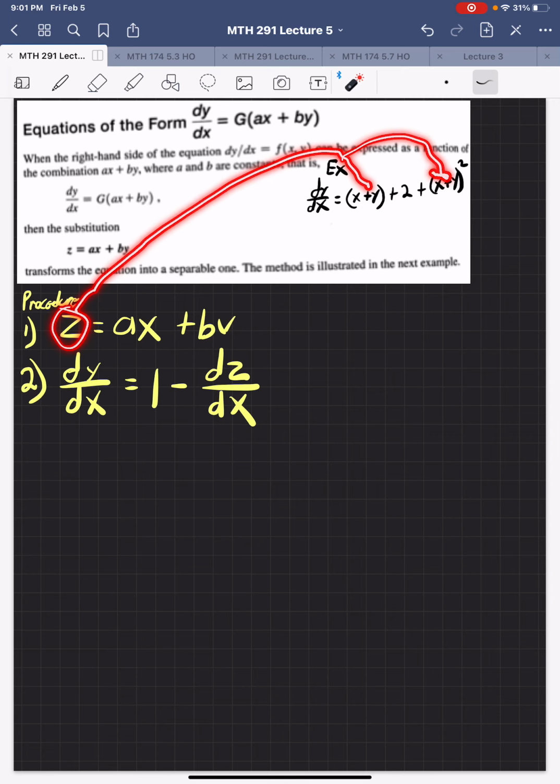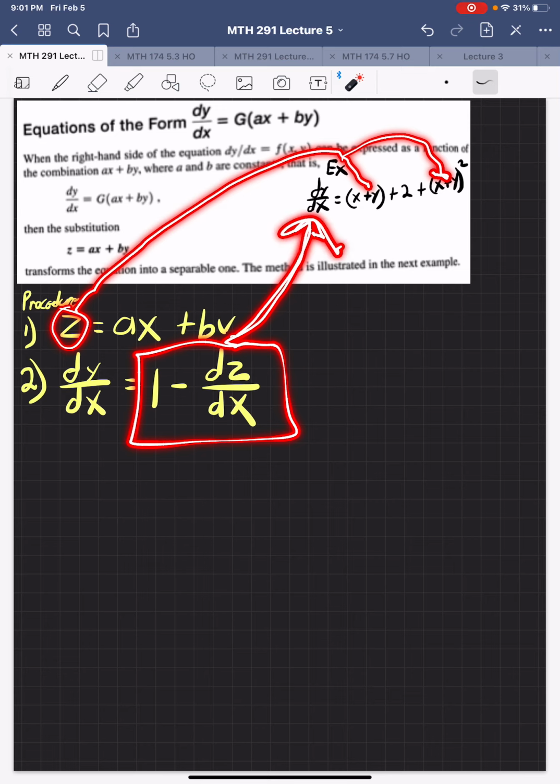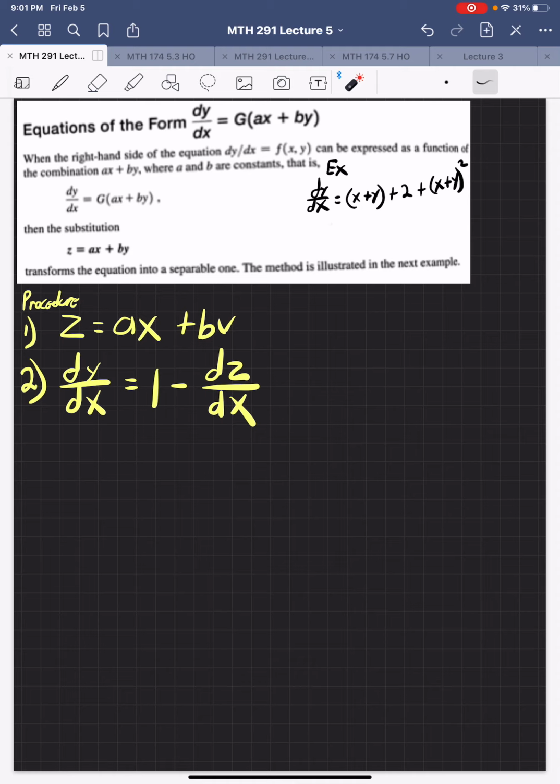And then you're just going to take this 1 minus dz over dx and put it here for dy over dx. You're going to do that every time, okay? That way I don't have to elaborate, but seriously, if you just take the derivative of this with respect to x and then solve for dy dx, this is what you would get.